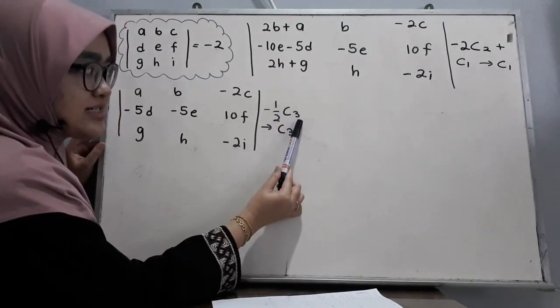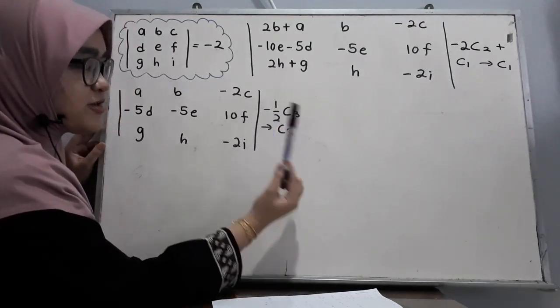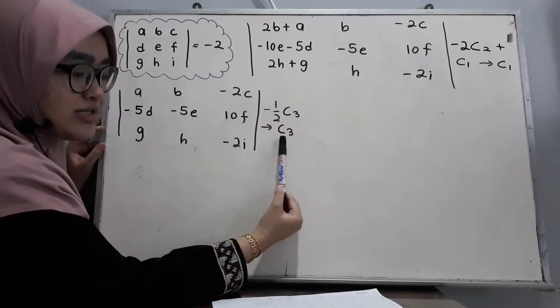multiply the third column by -1/2 to change column 3.